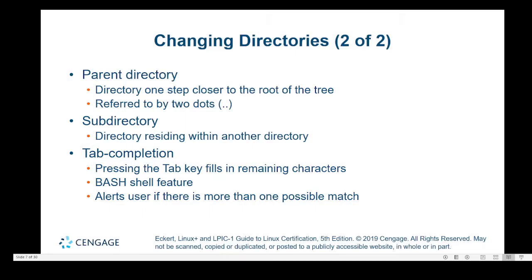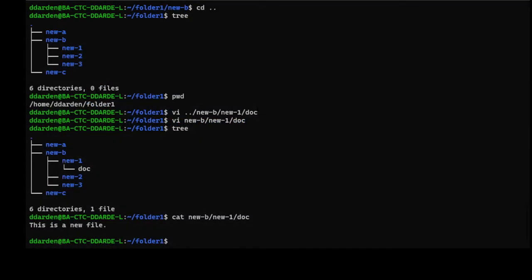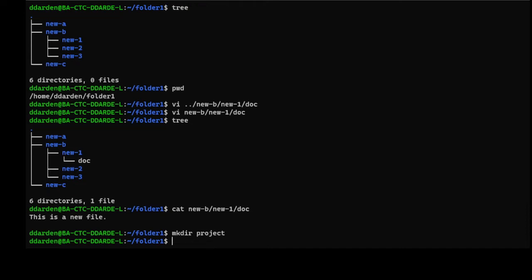Okay, so what's the point? The point is to organize files in a very organized fashion, right? So let me give you an example of what that might look like. Let's say I had a project. So I'm going to go ahead and make a project folder inside this one.